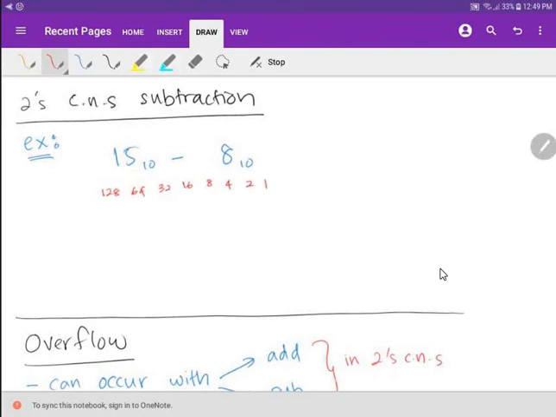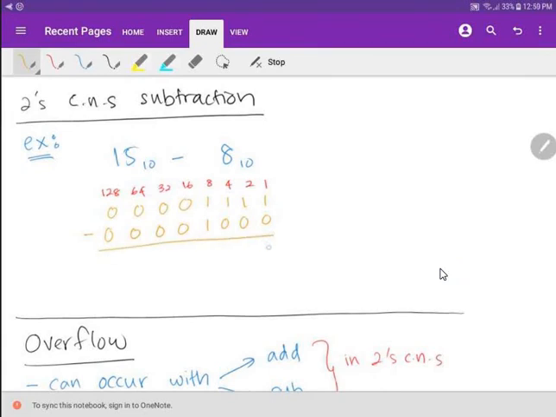It's okay. So how do you want to represent 15? This is easy. This is positive 15, right? So you're going to perform minus 8, which is of course 1 0 0 0. So you have this.